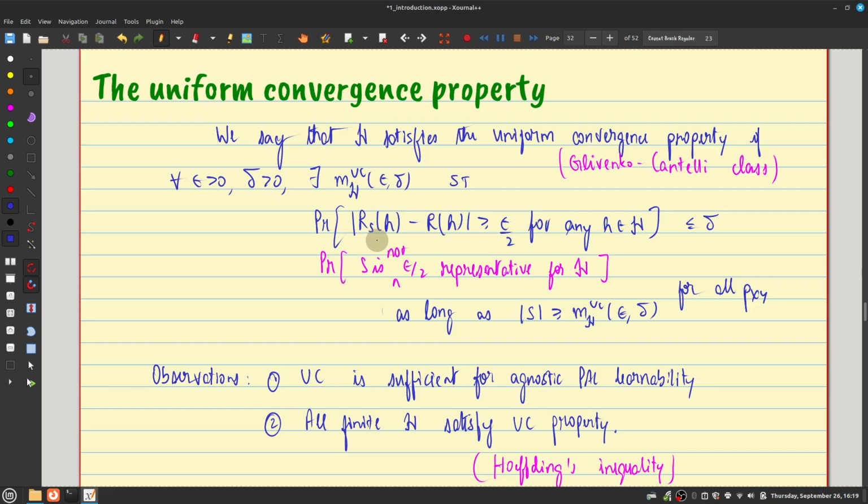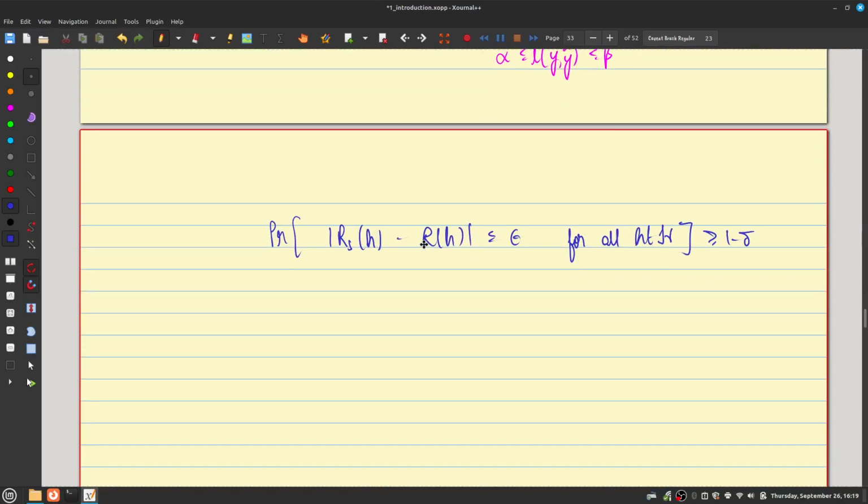So if this happens for at least one H, then it does not satisfy the uniform convergence property, right? Right. So this is sort of a negative statement. If you're looking at the negative statement, then this should happen for at least one H. But if you're looking at the positive statement, then you want this to happen for all H in the hypothesis class.